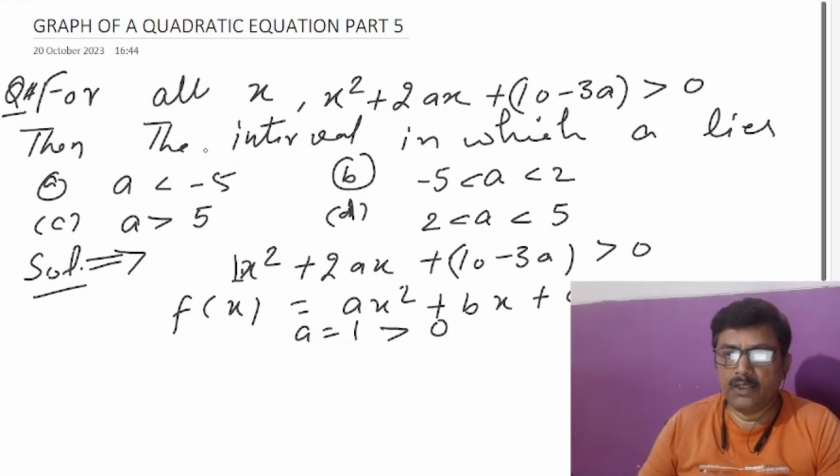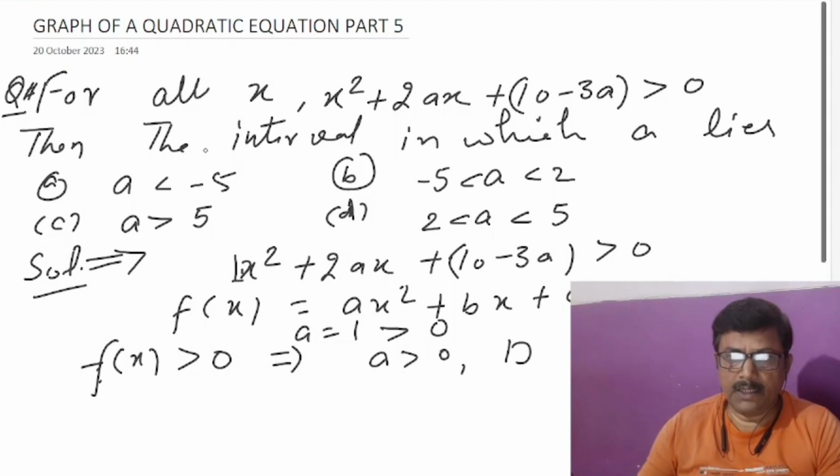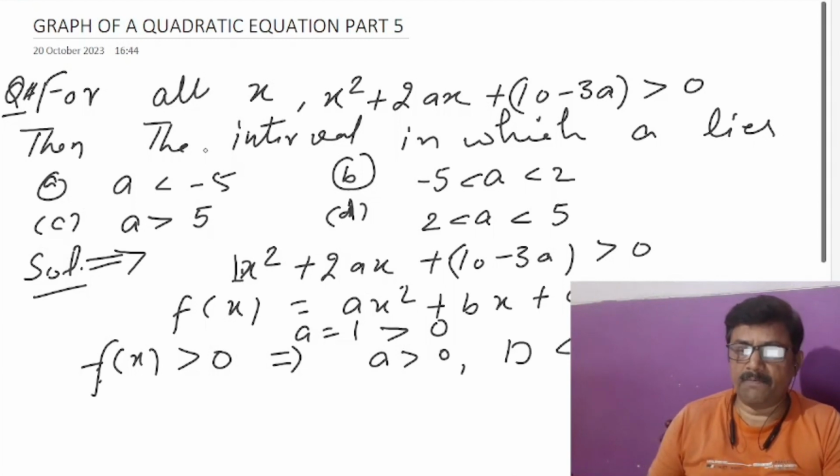Okay, so what is the condition? We have studied thoroughly: what is the condition when a quadratic is positive? A quadratic f(x) is always positive when a is positive and the discriminant is negative.